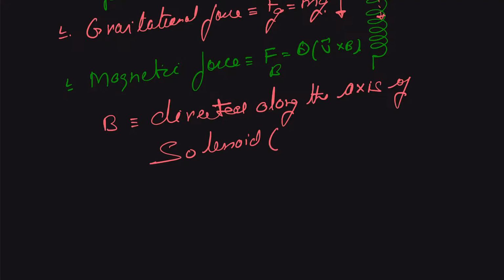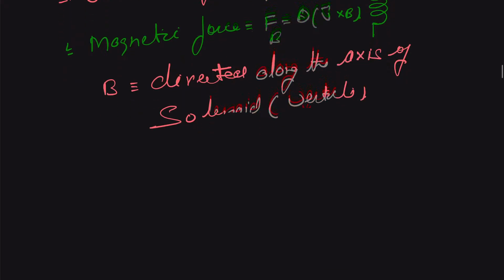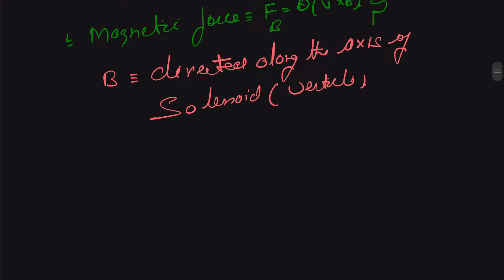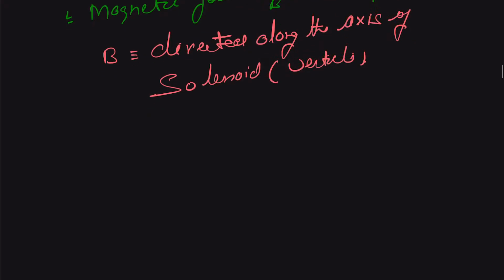So basically it will be vertical, and the direction of motion, which is our velocity v, is also vertical.